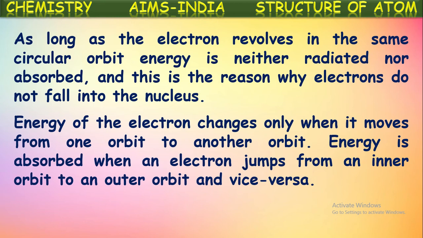We know the lower orbit accommodates less energy, and the electrons in the higher orbit should have greater energy. That's why when an electron jumps from a lower orbit to a higher orbit, it will gain energy. If an electron jumps from a higher orbit to a lower orbit, that electron will radiate a certain amount of energy and come into the lower orbit.